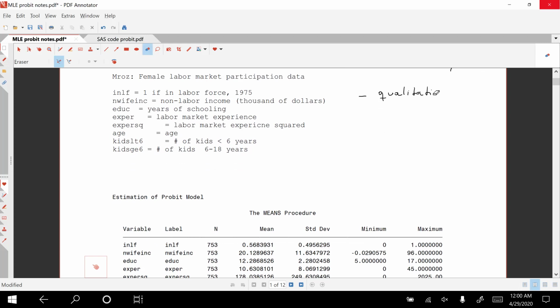Sometimes they are called discrete dependent variables. Okay, so they can take several names.